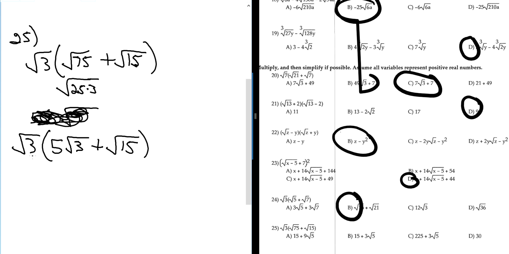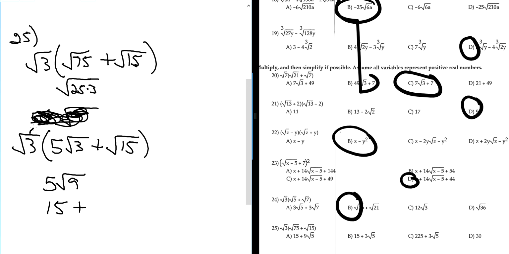All right, so then I'm going to have square root of 3 times 5 times the square root of 3. That would be 5 times the square root of 9. And the square root of 9 is 3, so this would be 3 times 5, which is 15. Okay, plus, and how about this?